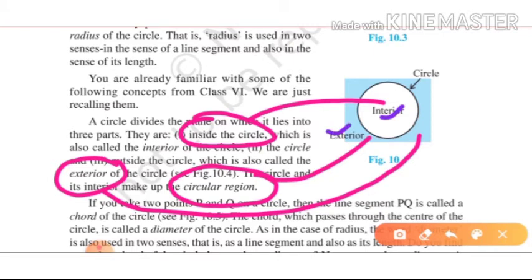The exterior part is outside the circle, and one is on the circle. When we say on the circle, that means it is on the circumference of the circle, on the boundary of the circle. The interior part and the circle together are known as the circular region.